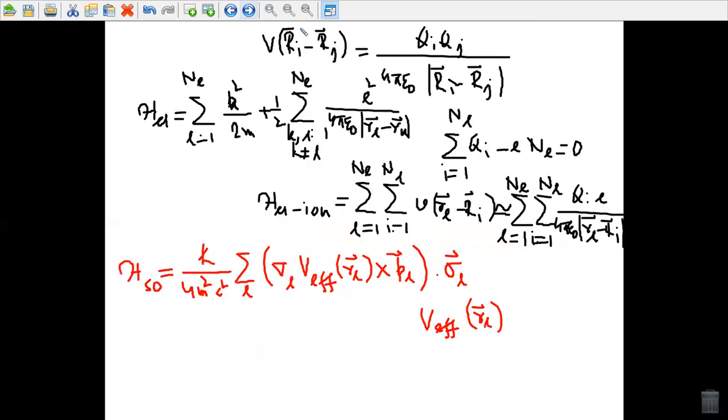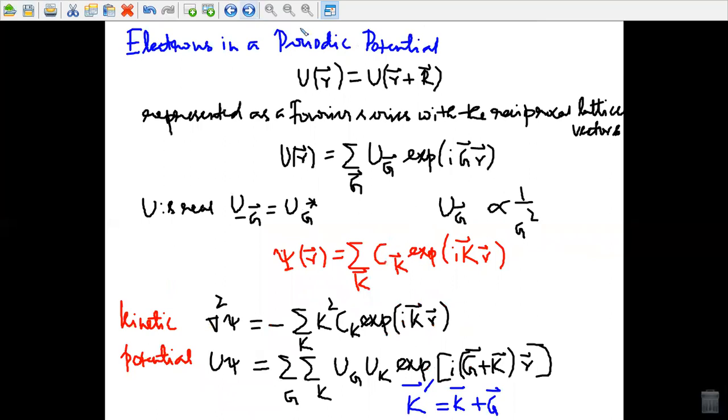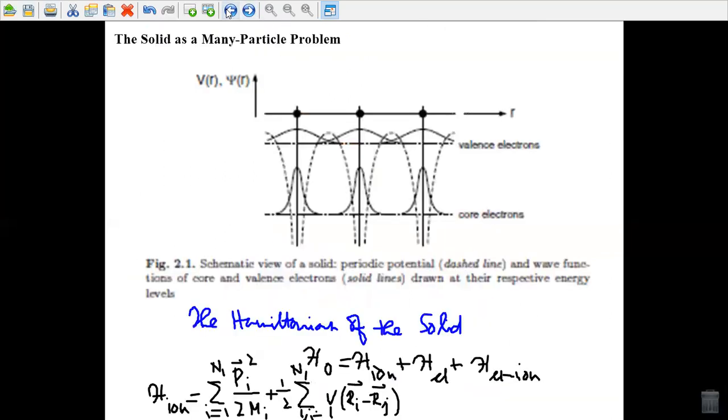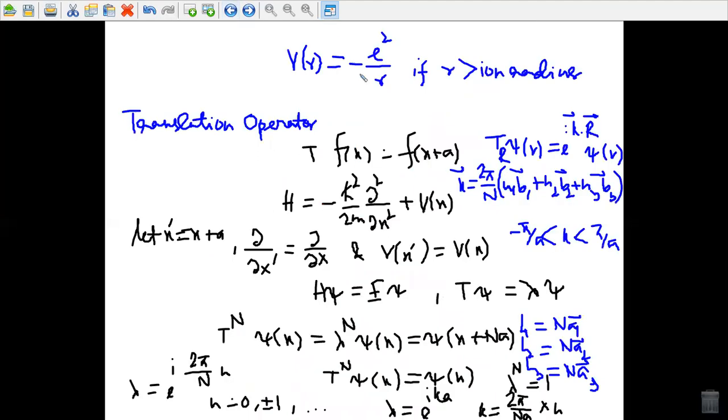So let us discuss what happens for the periodic potentials for the case of the translation operator. Because the crystalline potential seen by a single electron in a solid is a periodic function of position with the period of the lattice, it is useful to introduce a translation operator T, defined as T operating upon f(x) gives me f(x plus a), where f(x) is an arbitrary function of position and a is the period of the lattice.